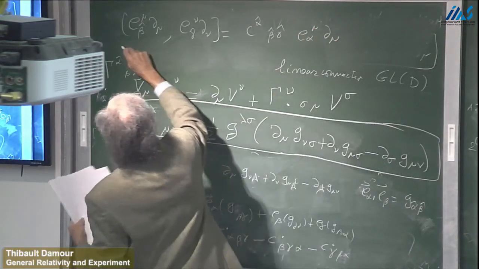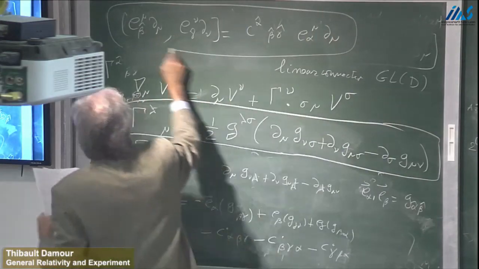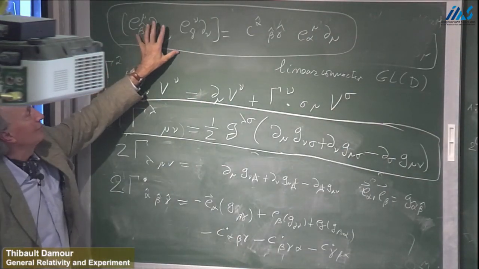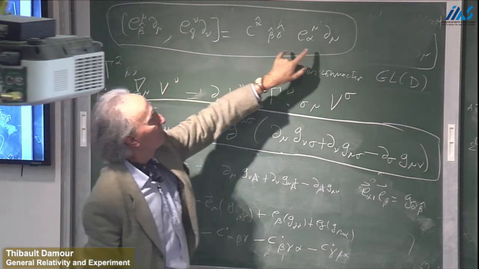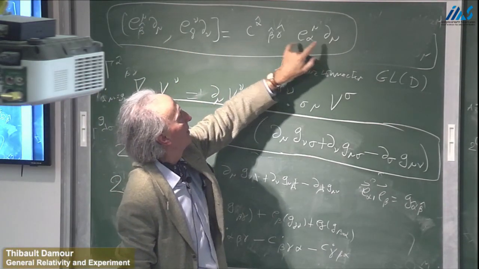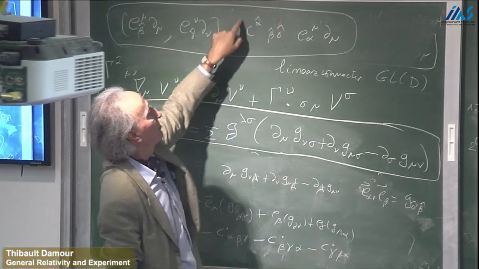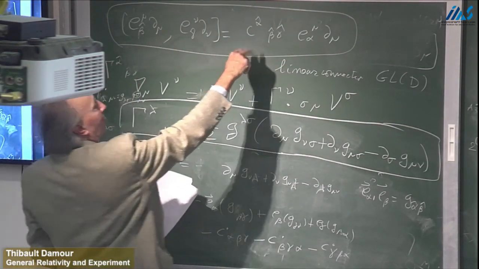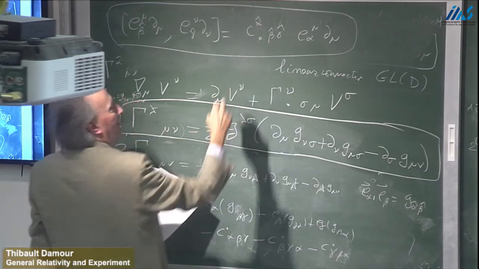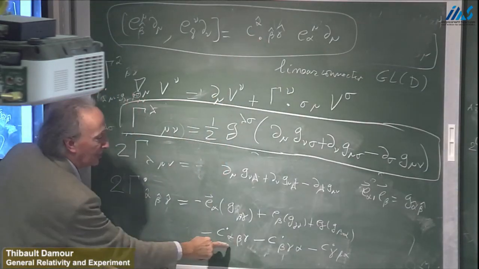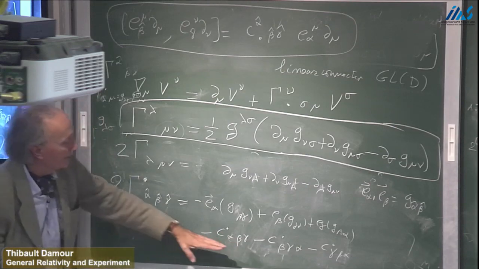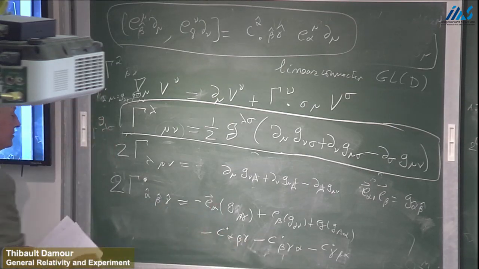So given a frame viewed as a set of first order differential operators, if you take the commutator of 2 elements of the frame, it is a linear combination along the frame, and this is therefore an object with 3 indices alpha, beta, gamma. If I take this object and I lower alpha by G alpha beta, I get the structure constant C down, and then I have this extra term.